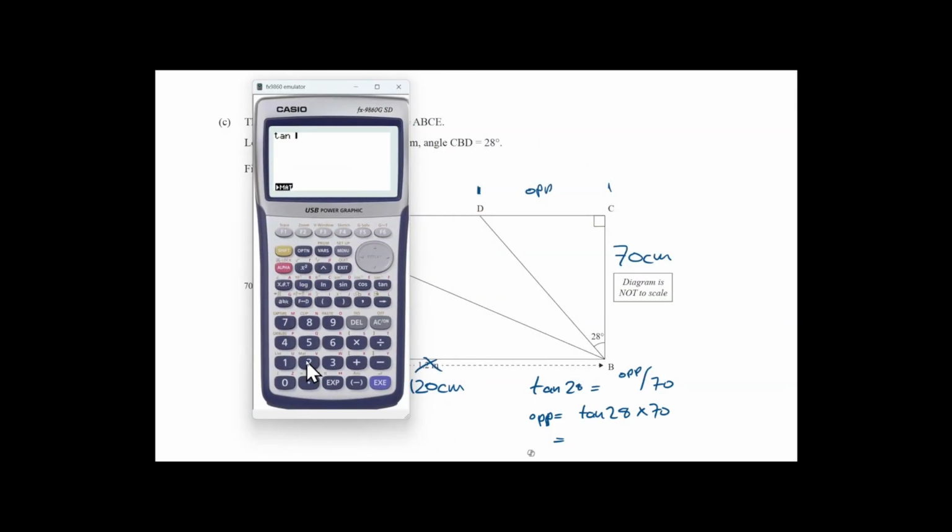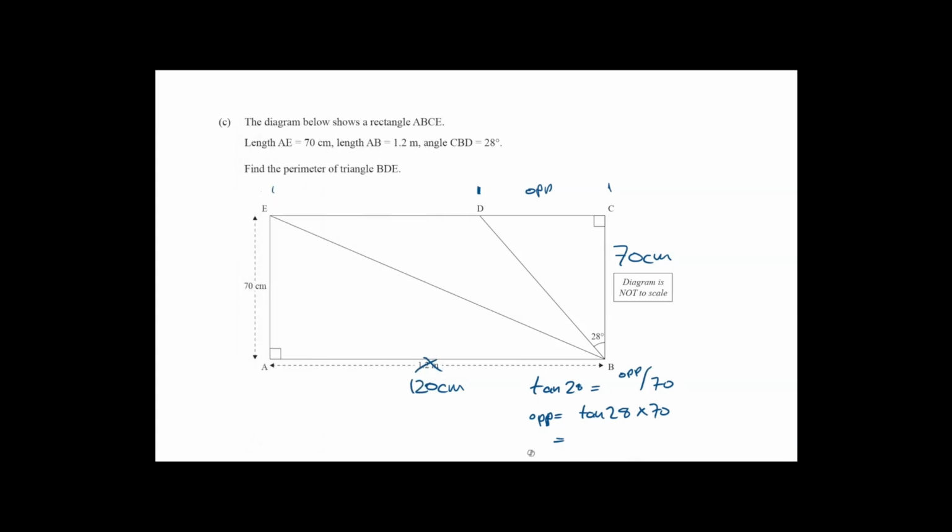So tan of 28 equals 0.531, times that by 70, and 37.22. We'll say 37.22.